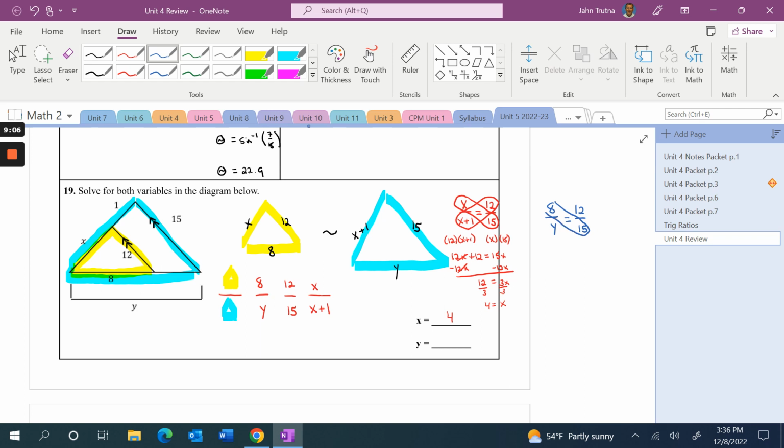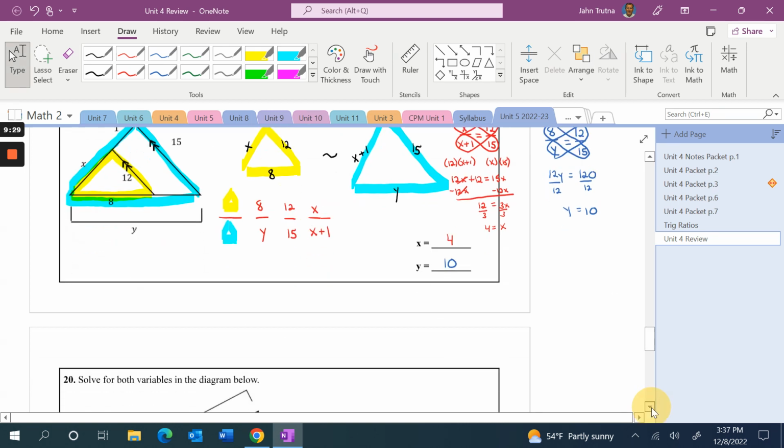So I multiply the 8 with the 15, that's 120. I multiply the y with the 12, that is 12y. Those two results are equal to each other. I divide both sides of the equation by 12, and I get y is equal to 10. So x is 4, y is 10, and that is number 19.